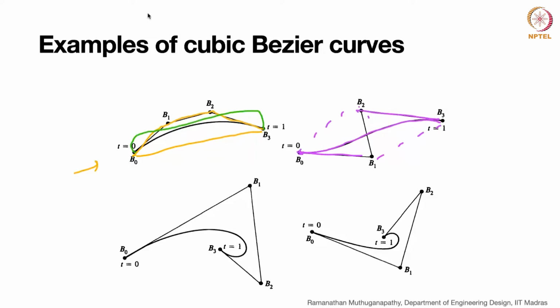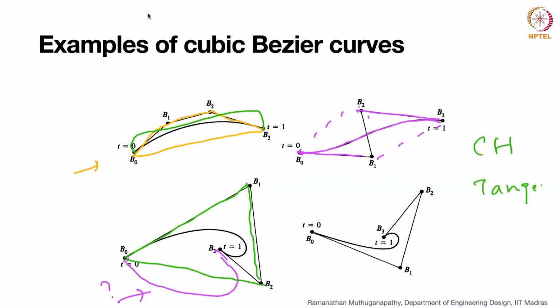Even in this case, I can't draw something like this, because it lies outside the convex hull. Any other observation that you can make? We talked about the curve lying within the convex hull, and following the tangents of the first one and the last one.